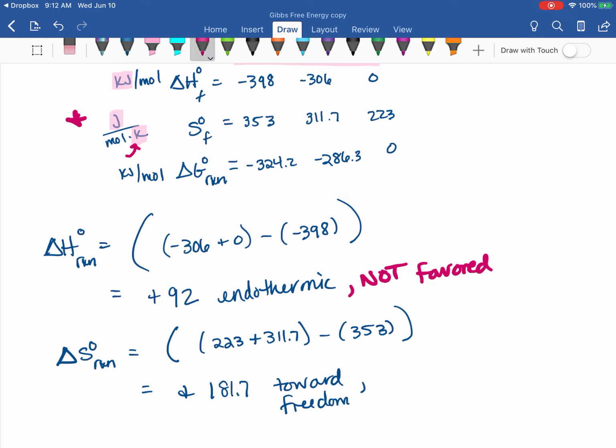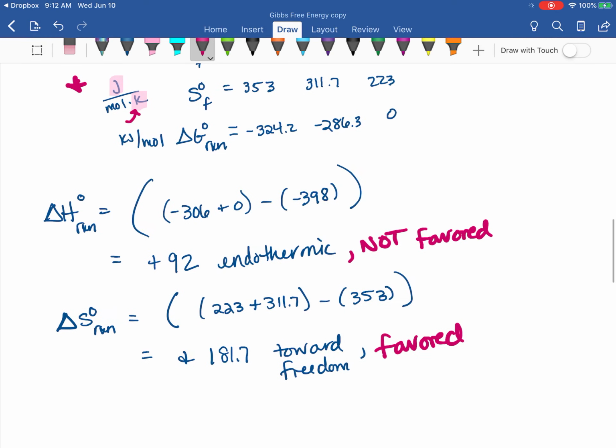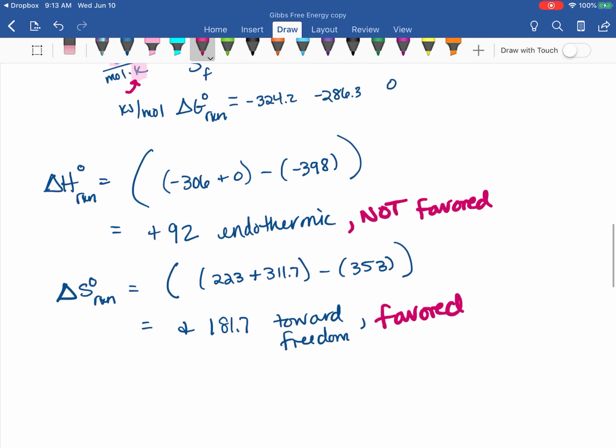So, let's add our new term to that. That is favored. So this is brilliant. This is one of those that we're caught in the middle. We're endothermic, which isn't favored, but we're going towards more freedom, which is favored. So we can't tell from this if our reaction is going to be spontaneous.